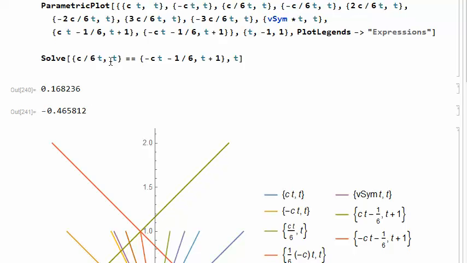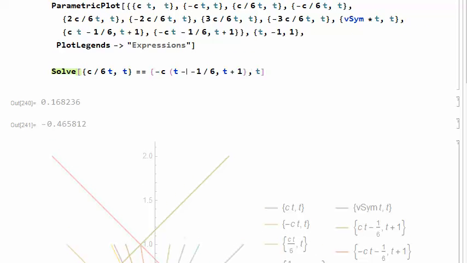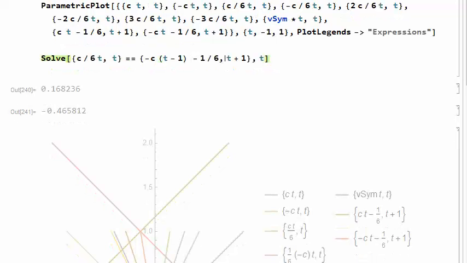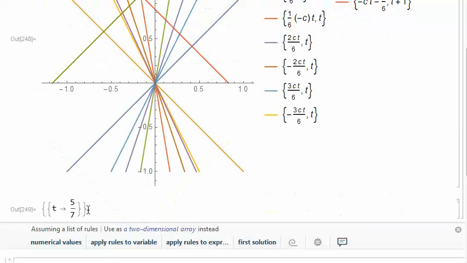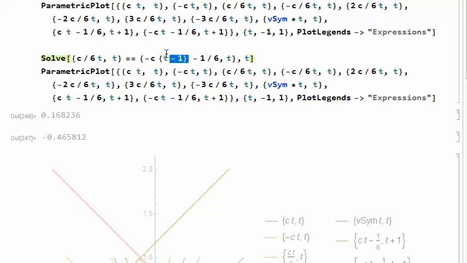Yeah, it does not work, because what I need to do is adjust this, probably like t minus 1 over 6 here, and just do t here. See if that works. Yes, it gave me t is 5/7. Subtracting 1 from t on both sides seems really elegant, so I want to do that in the description here too.